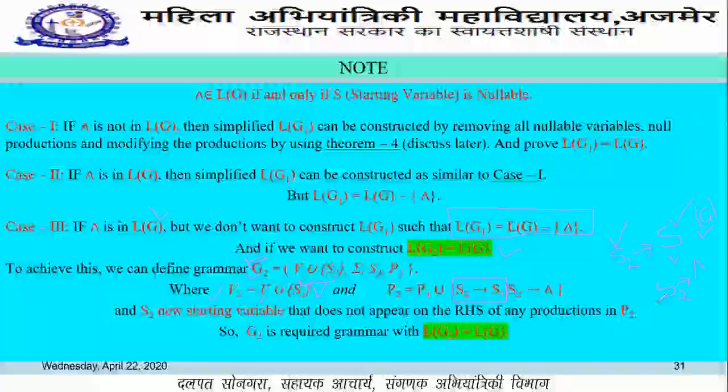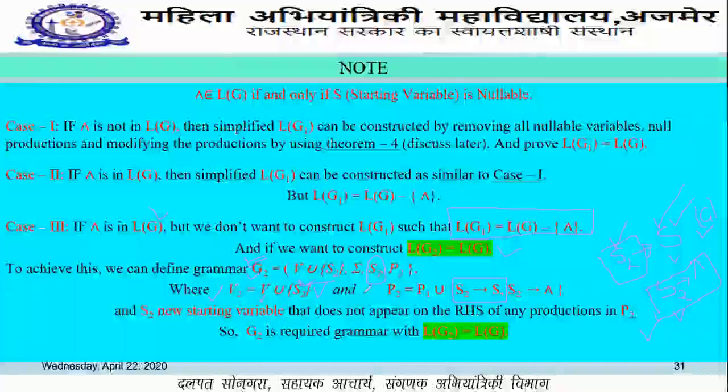This shows that your language has the null string, but it is not now associated with the starting variable of G, which is not the starting variable in G2, because G2 has the new starting variable S2. So S2 derives null, that is, for the null that belongs to your language L of G. So we modify it like this.